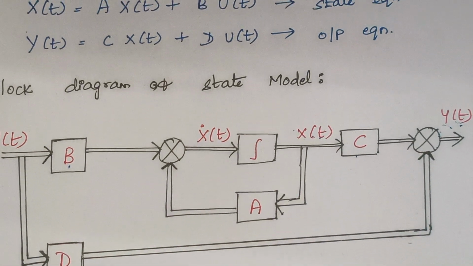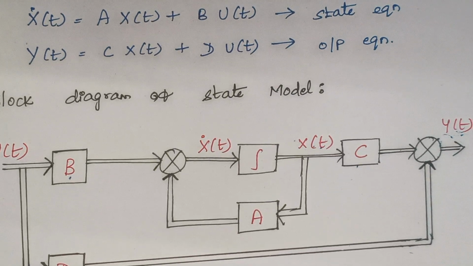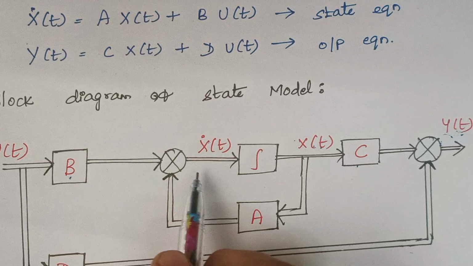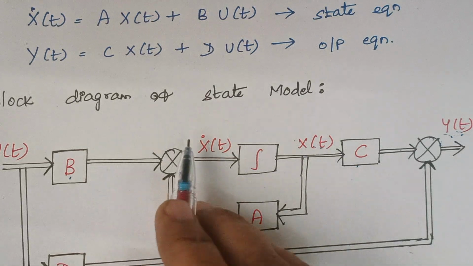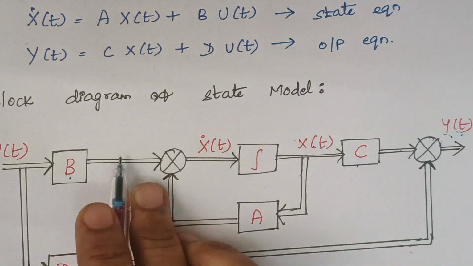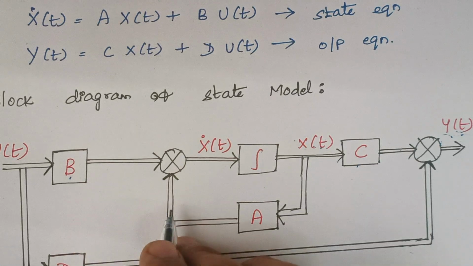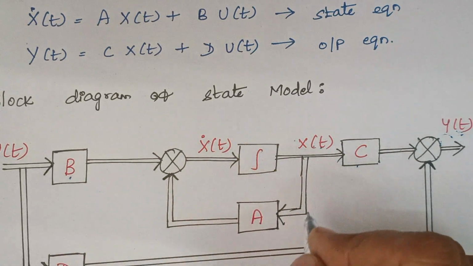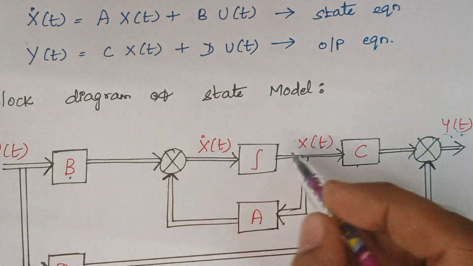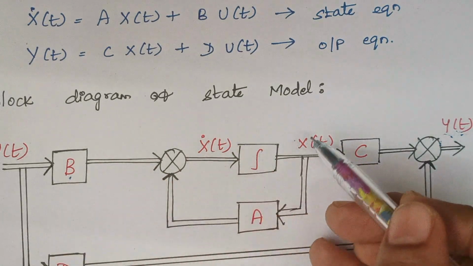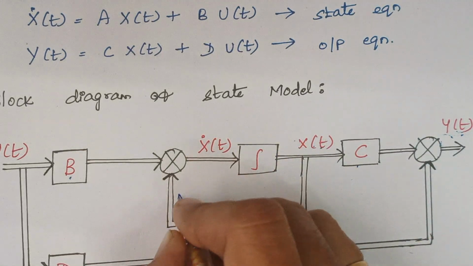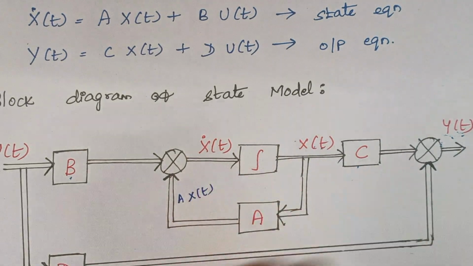So when you look carefully, you see we need x dot of t. So here is our x dot of t. x dot of t is nothing but we have to sum these two values, and that will give x dot of t, right? What is the feedback part here? x of t, which is given to A. So the output will be A into x of t.